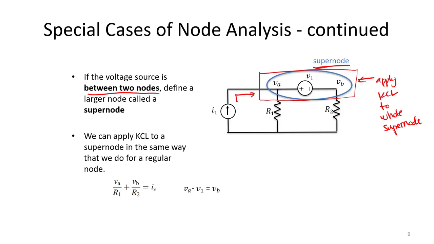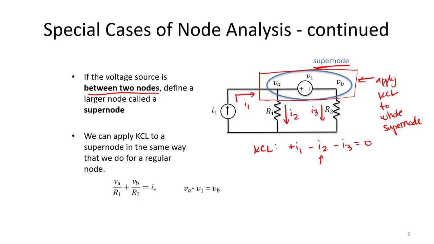So in this case, we could assume we have I1 entering, I2 and I3 leaving, and we could apply Kirchhoff's current law to determine that plus I1 minus I2 minus I3 is 0.